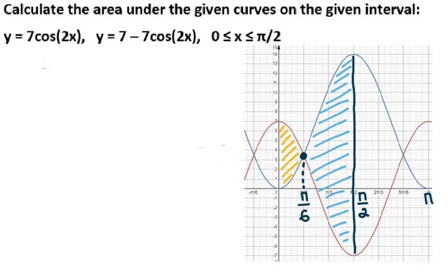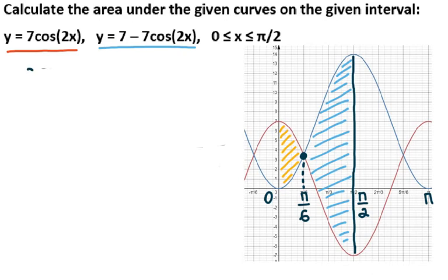One is when the top function is 7 cosine 2x, the red one. I will underline them right here. So this is my red function, 7 cosine of 2x, and this one is my blue function. In the first interval between 0 and pi over 6, my top function is 7 cosine 2x.